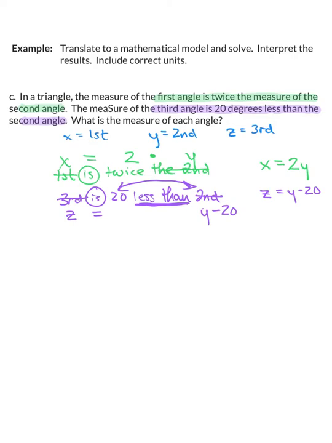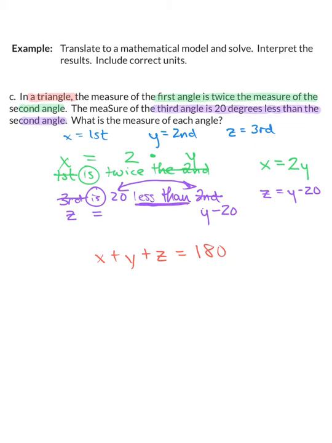All right, so those are two of the equations. Now remember that I said however many unknowns you have, that's how many equations you need. So what is the third equation? Well, it's a triangle. So my third equation is I want to add up the three angles, and this is equal to 180.